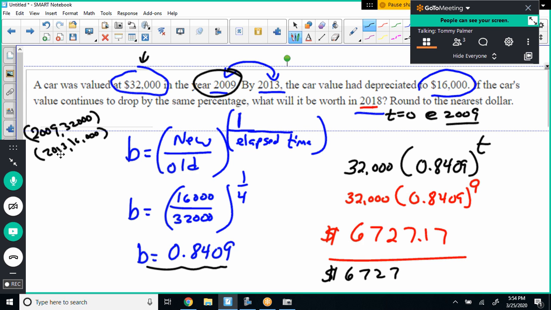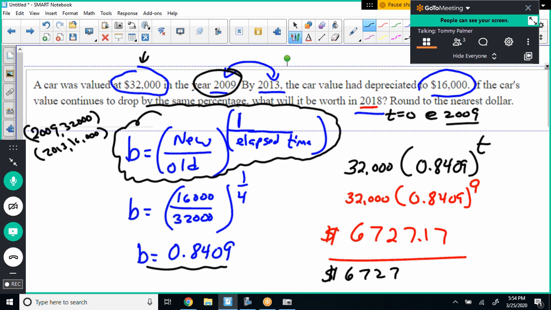But I think this is a much easier approach when you're having a word problem. The new value over the old, raised to the 1 over how long it took to go from the old to the new, and that gives me my base.